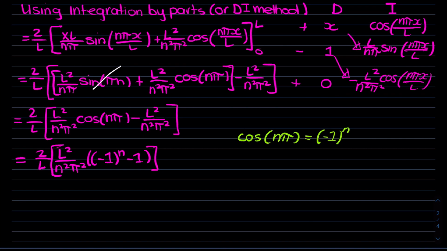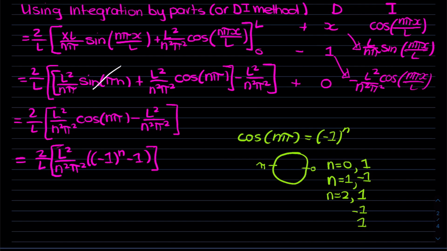So you'll see that on the unit circle, if we have 0 here and pi here, that at n equals 0 will equal 1, and at n equals 1 we'll get minus 1, and at n equals 2 we will get 1, and then we'll get minus 1 and 1, and so on with that.